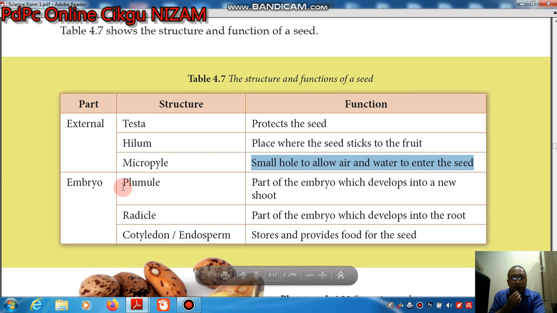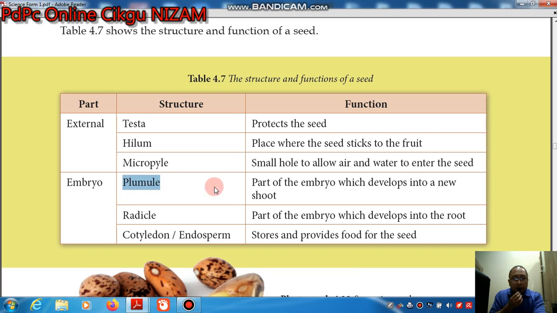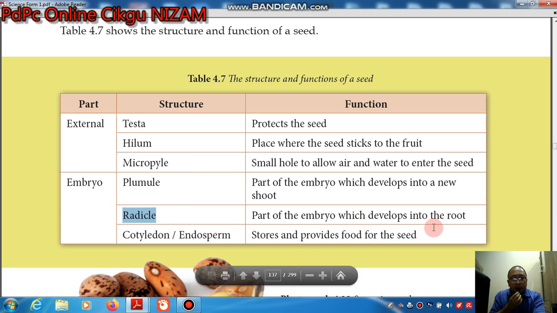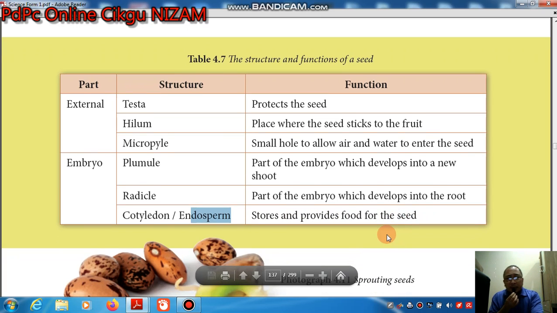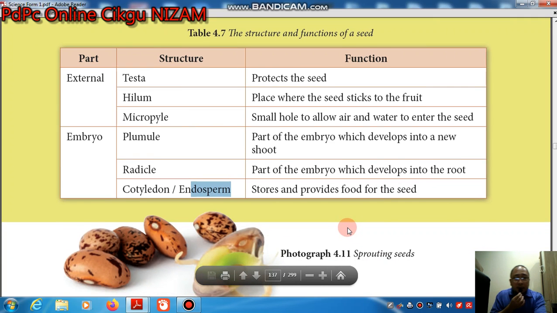In the embryo, we have plumule. What is a plumule? Part of the embryo which will develop into a new shoot. Radicle is the part of the embryo which develops into root. And cotyledon or endosperm stores and provides food for the seed. So this is the structure and function of a seed.